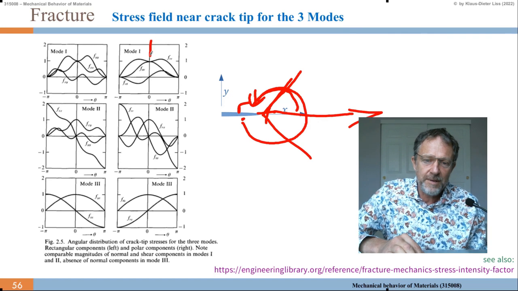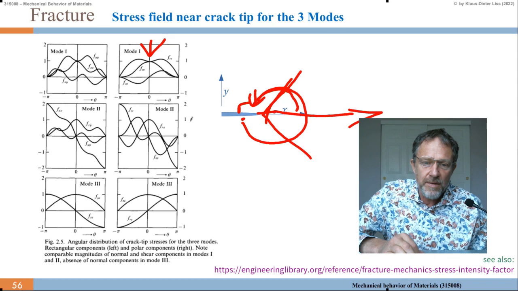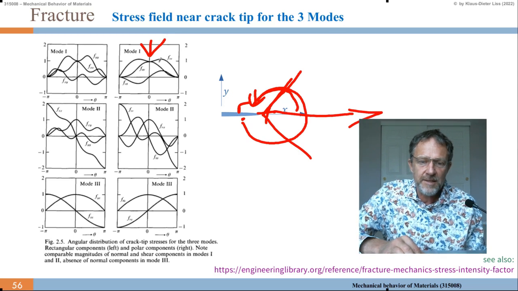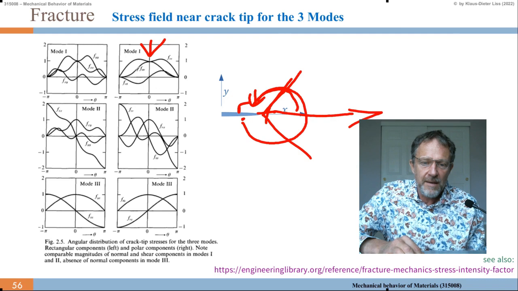Or you can plot the same thing in polar coordinates. So we have the Frr, the radial stress, the hoop stress, and the shear stress.